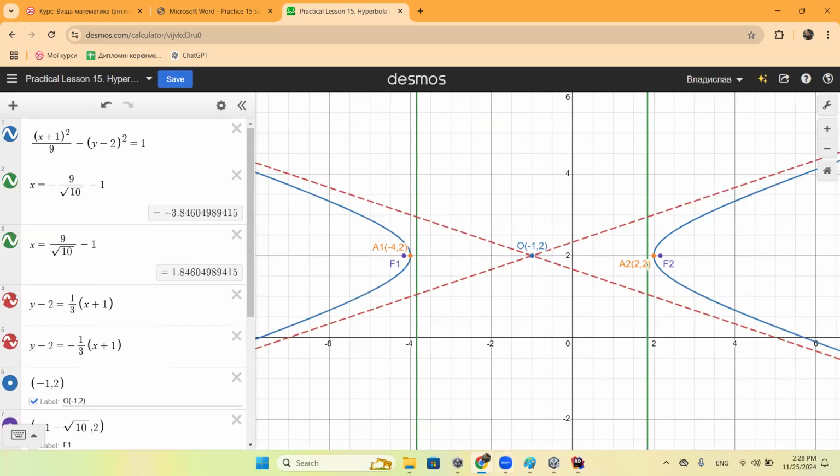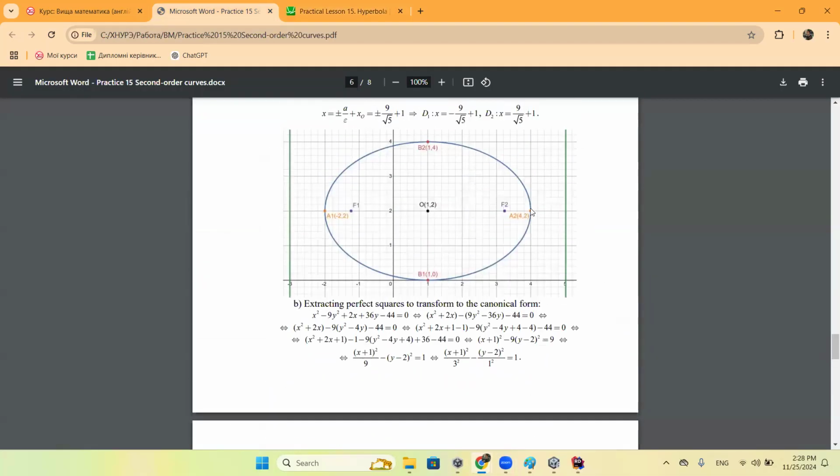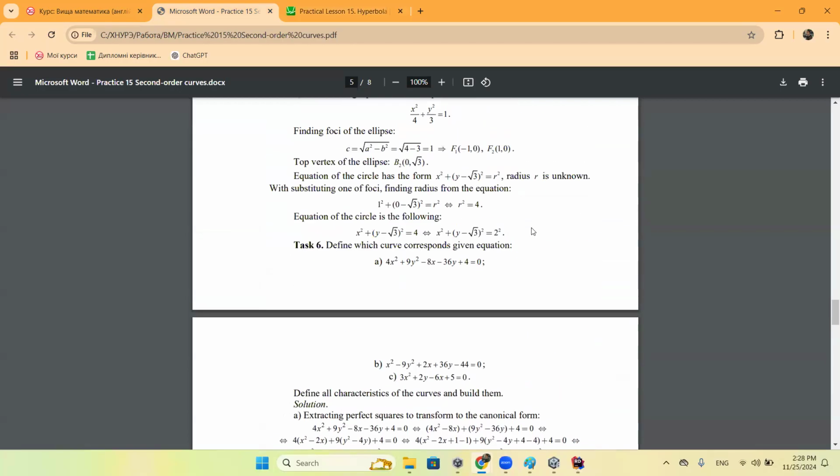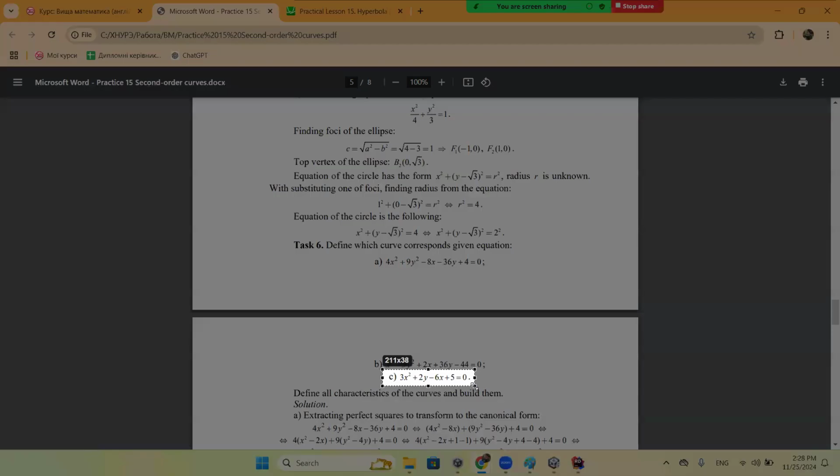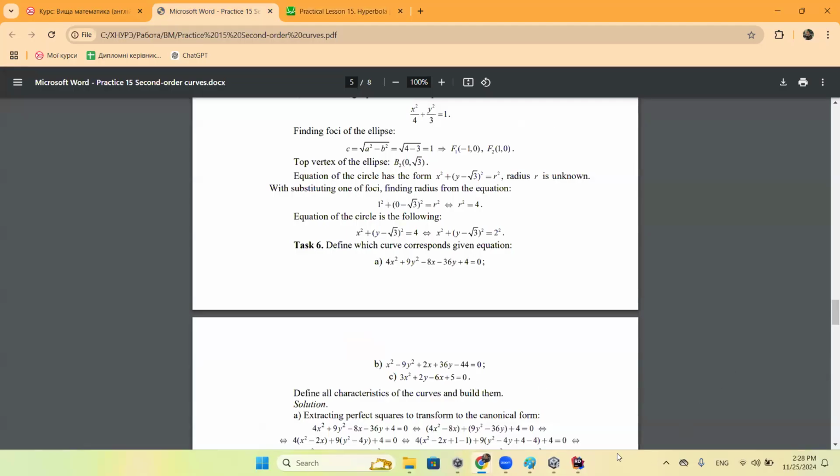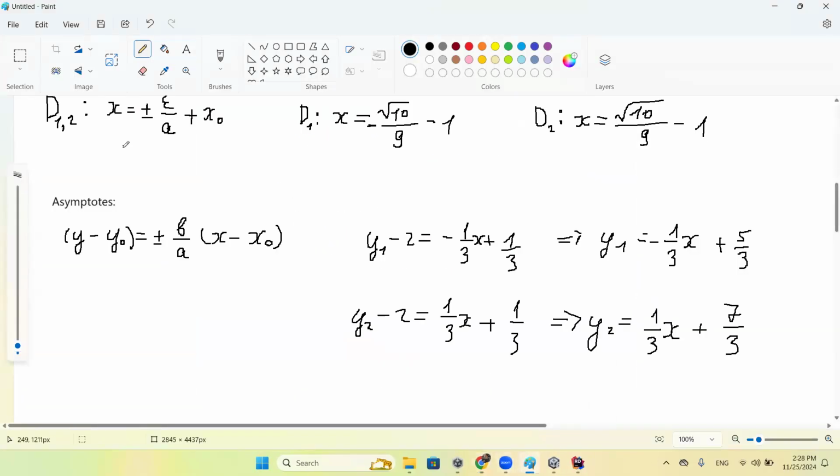Okay, no questions. So we have one more curve, and of course, as you can guess, it is the parabola. Because we need to play with all the curves.